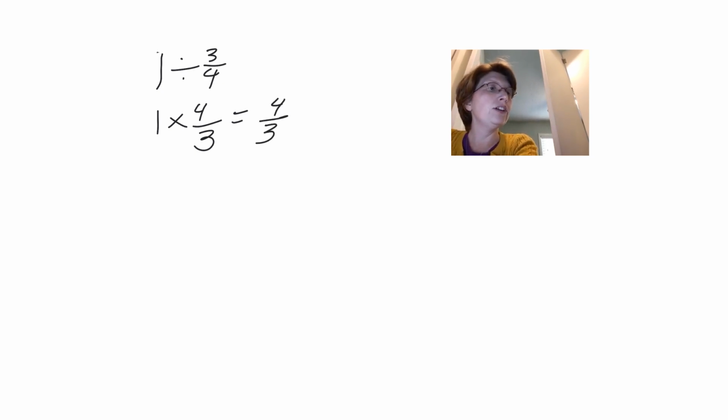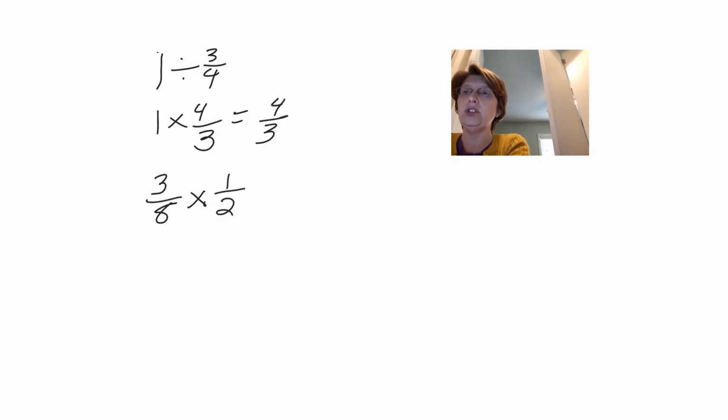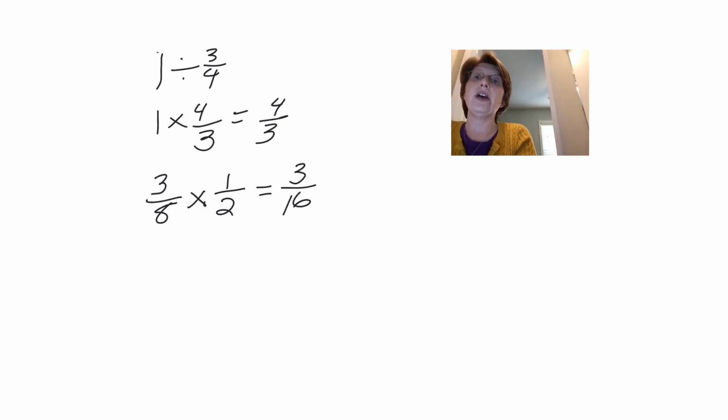And is that what they have there? Yes. Okay, the next one, 3/8 divided by 2, which is going to change into times 1/2 is equal to 3/16. So they actually have an incorrect answer there, don't they? They had 5/16, which would be incorrect.